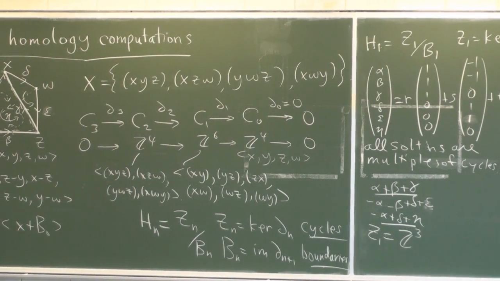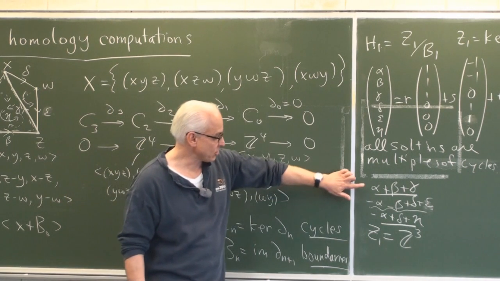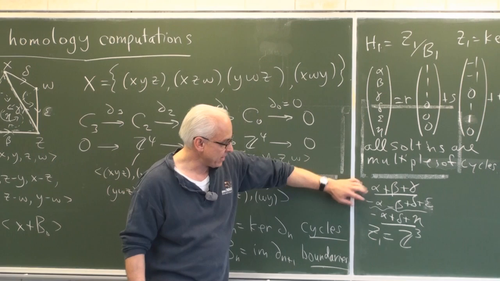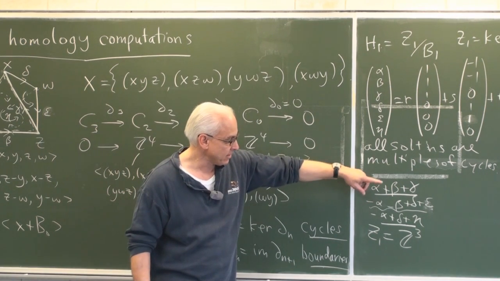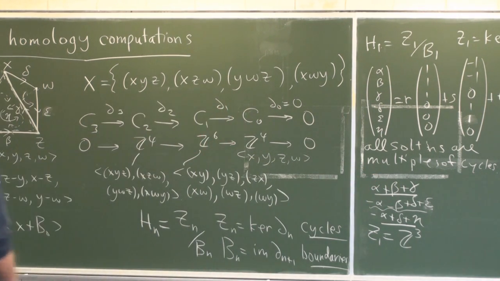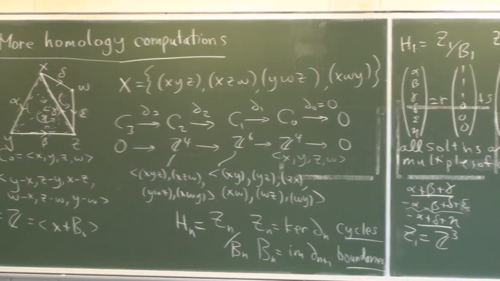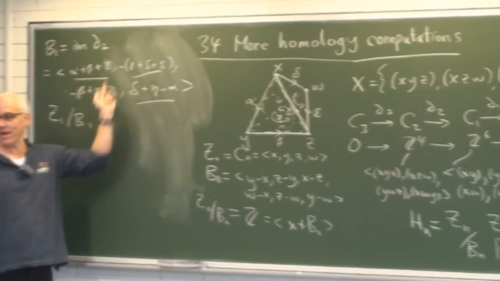And what about the other two? Okay, good comment. If we add this one and this one, then the alphas and betas cancel, and we get gamma plus delta plus epsilon, which is right here. Which tells us that the second one can also be written as a combination of these ones.